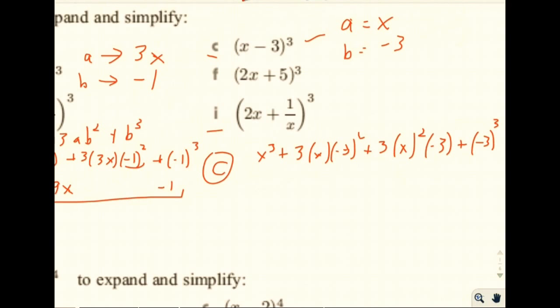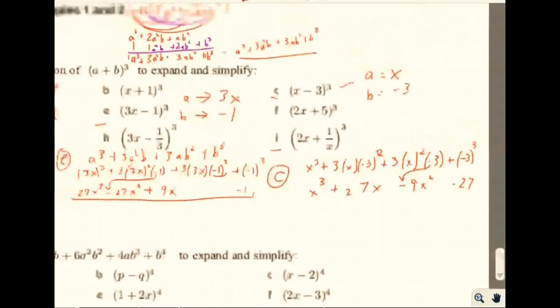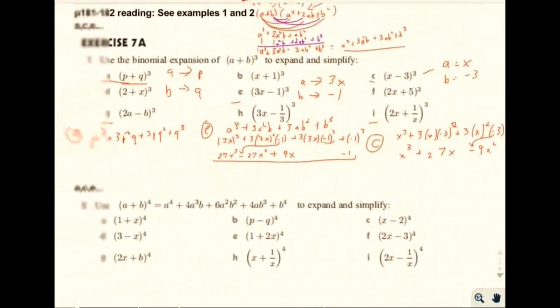So negative 3 cubed is negative 27. 3 times 3 is 9. Negative sign comes out front. X squared. Negative 3 squared is just positive 9. Okay? So again, the coefficients look completely different than Pascal's triangle, but it's because a was, the constant was 1, and b, the constant was negative 3, so it just comes out looking very strange.